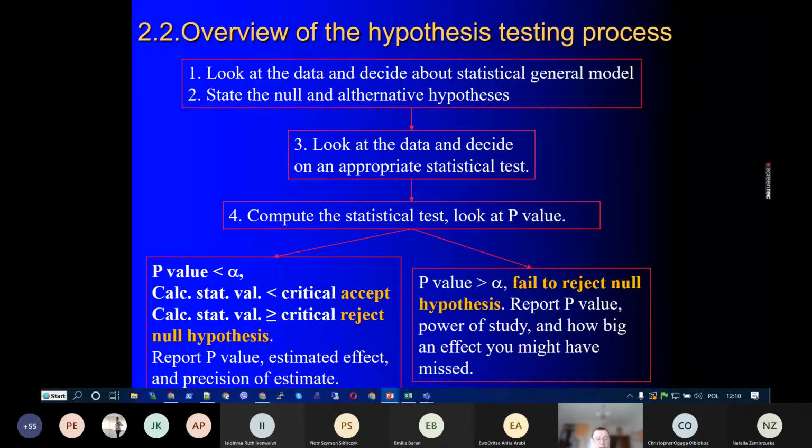Usually we follow this pattern: when the calculation is less than critical, we accept; when the calculation is greater than critical, we reject the null. But actually it's not correct in all cases, and we have to study the statistical manual for the specific test that has been chosen in order to clarify how we make the decision.